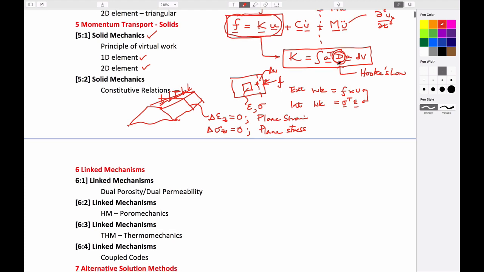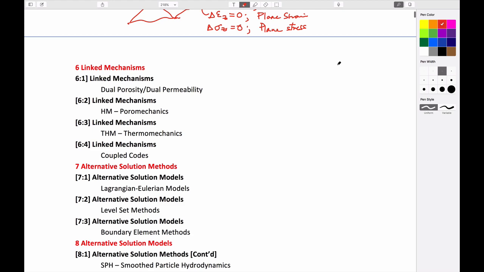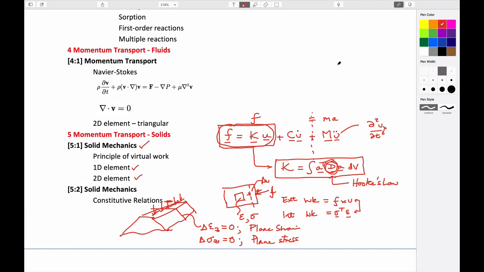So in terms of the mechanisms that we've talked about, when we introduced this class, we made the point that we're talking about these coupled processes in terms of THMC, as it's often referred to. THMC refers to the different fields that we're interested in.